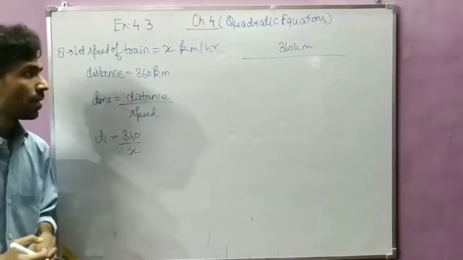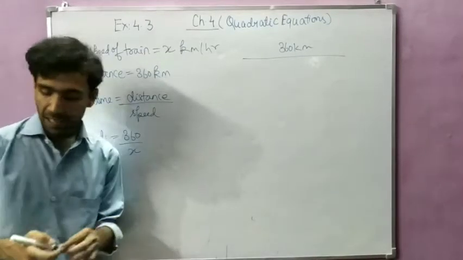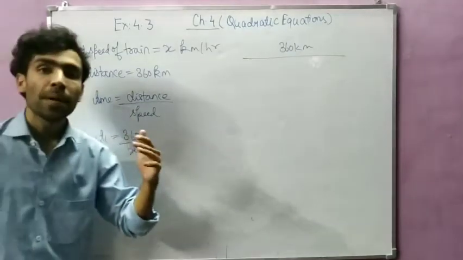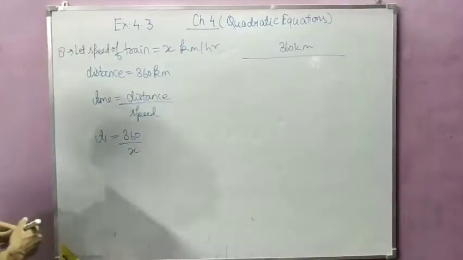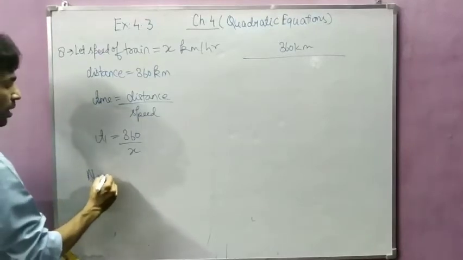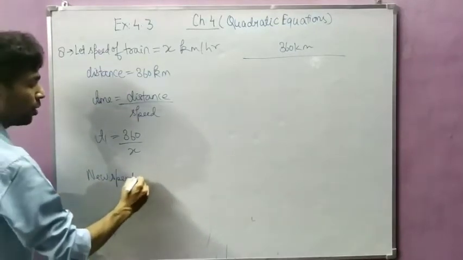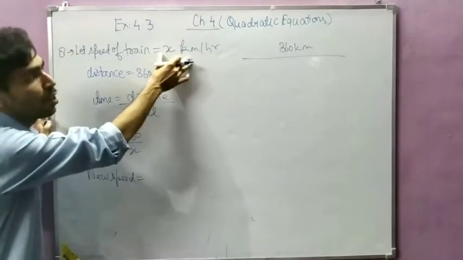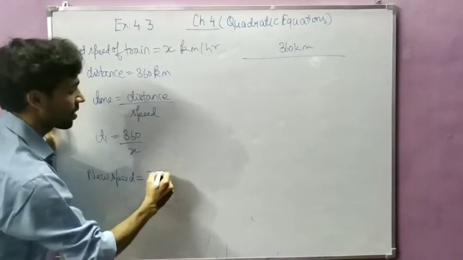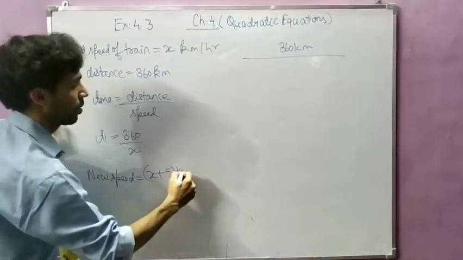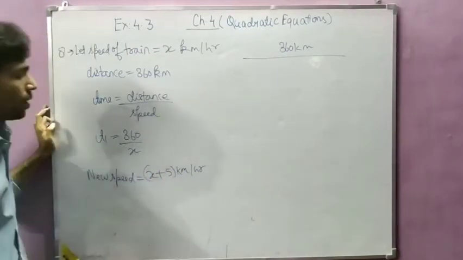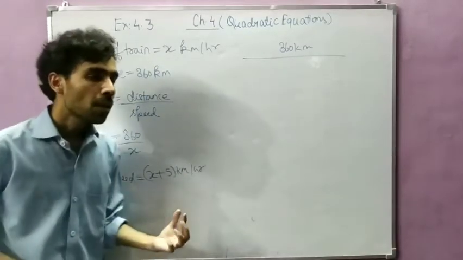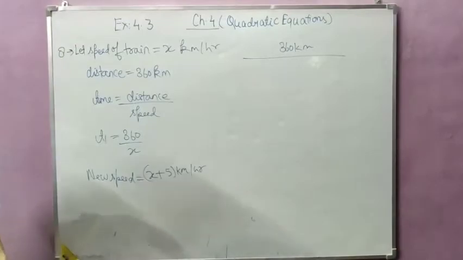Okay, now what this question is saying, if the speed is 5 km per hour more, so what will be the new speed? New speed will be 5 km more from earlier. Earlier it was x, so now it will be x plus 5 km per hour. Okay, now when a train has increased its speed, it would have taken how much time less? 1 hour less.